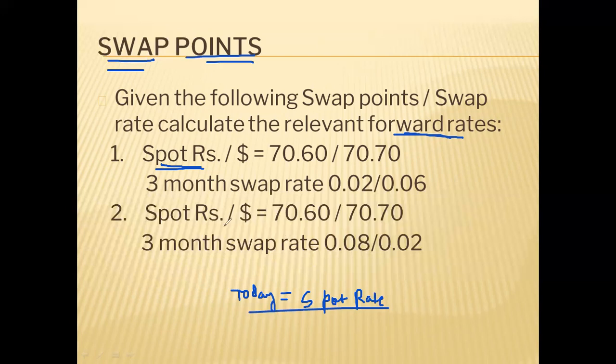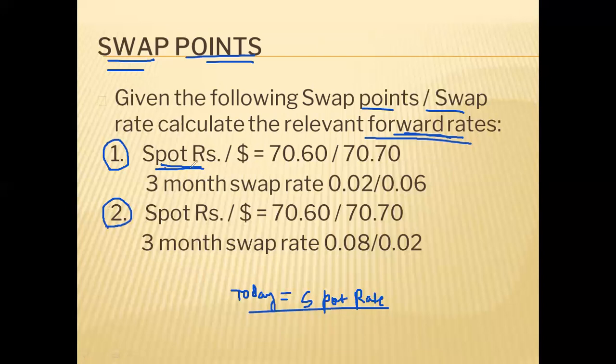It is very simple. We will directly solve the practical illustrations only, and understand the rule for calculating the forward rate using swap points. Given the following swap points or swap rates, calculate the relevant forward rate. We have kept two illustrations for our discussion, 1 and 2.